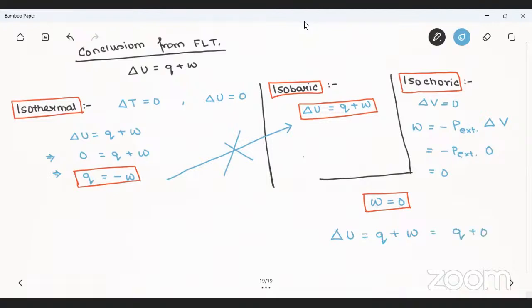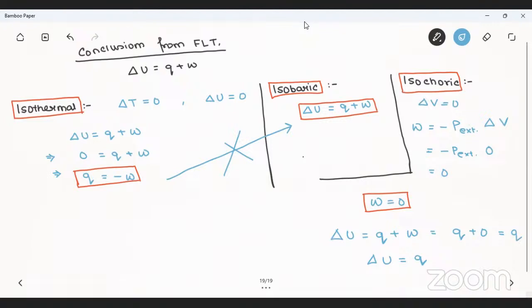Q plus 0, that is Q. So delta U is equivalent to Q. From the first law of thermodynamics, I have written delta U is equal to Q plus W. Now, W is 0, so delta U is equivalent to Q here. Is this part clear?